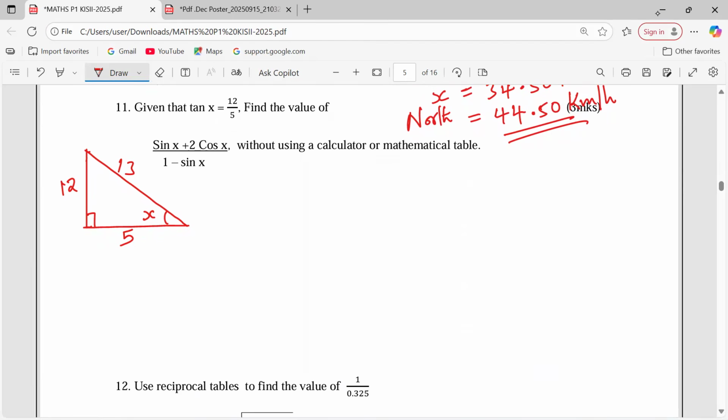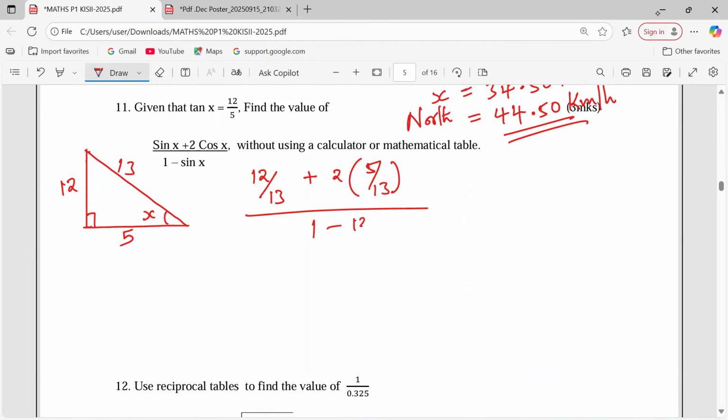So now replacing in the expression, sine x shall be, sine is given by opposite length over hypotenuse, 12 over 13, plus 2 multiplied by cosine of x. Cosine is adjacent over hypotenuse. Adjacent length is 5, hypotenuse is 13. Then out of 1 minus the sine of x.